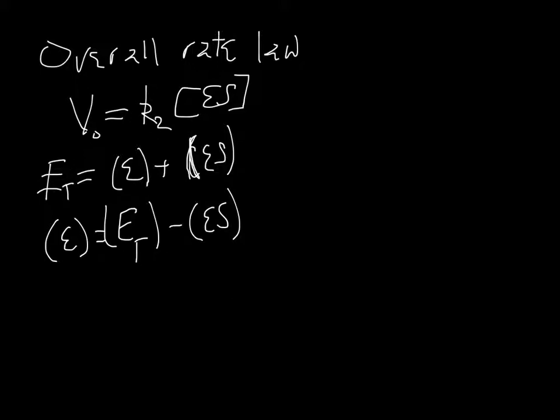And so what ways do we have to form ES? You can go by K1, so it's going to be equal to K1, and then what concentration or concentrations is it dependent on? E plus S? Well, it's not E plus S, but just S.